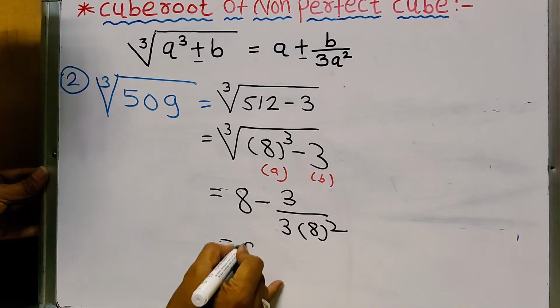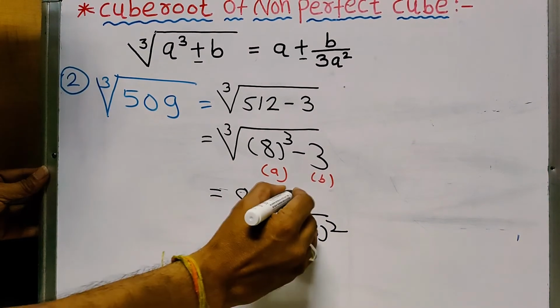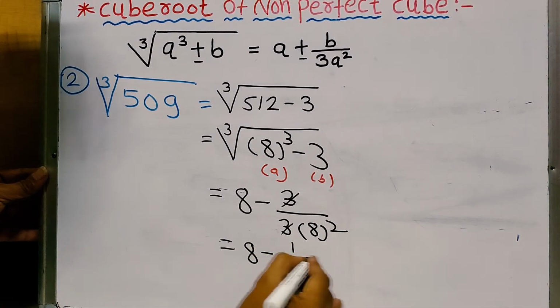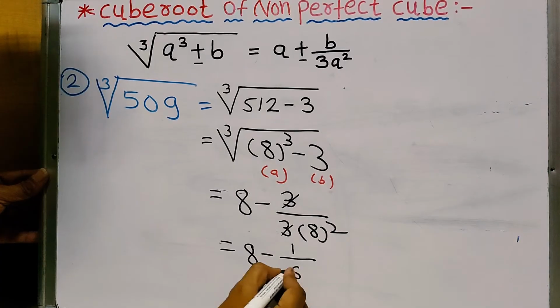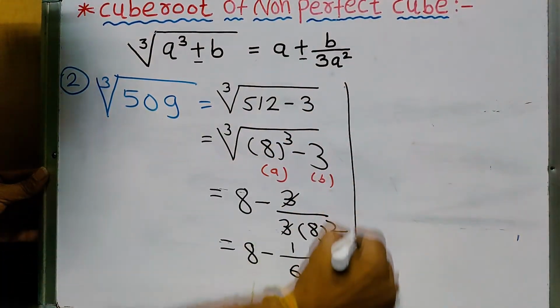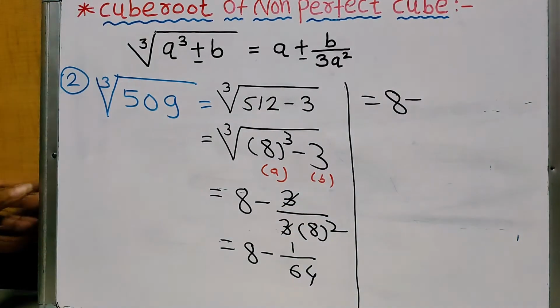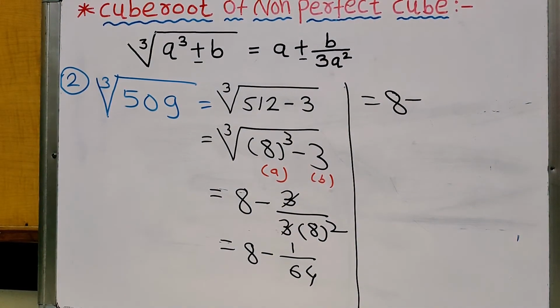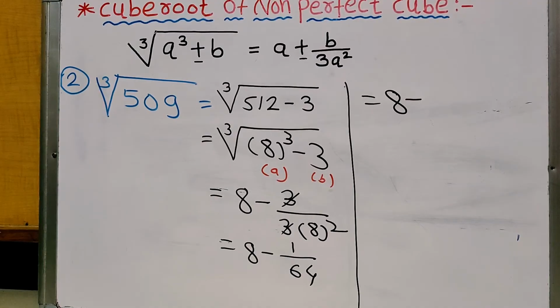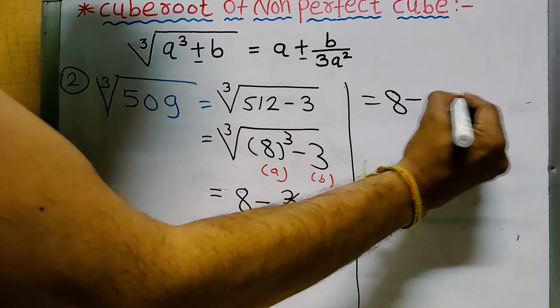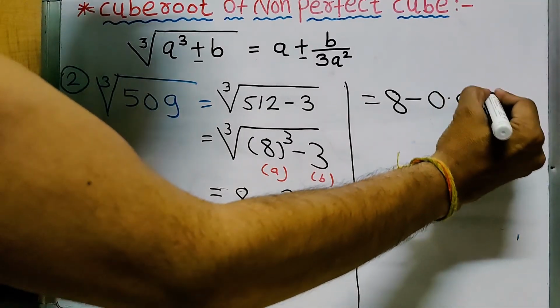So 8 minus, here 3 and 3 get cancelled. So 1 upon the square of 8, which is 64. That means 8 minus 1 upon 64. The value of 1 upon 64 is 0.0156.